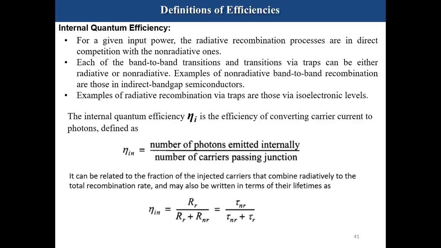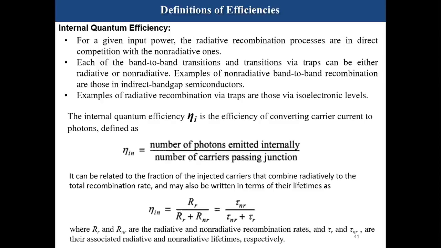It can be related to the fraction of the injected carriers that combine radiatively to the total recombination rate, and may also be written in terms of their lifetimes. Some of this we discussed during the first class, the concept of carrier lifetime, radiative and non-radiative recombination rates and other things.